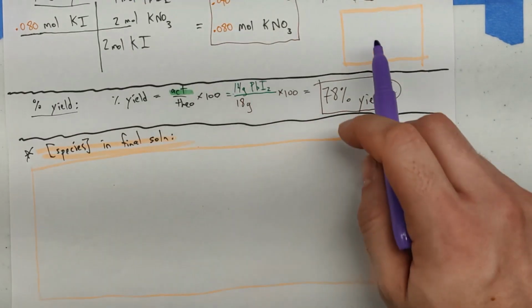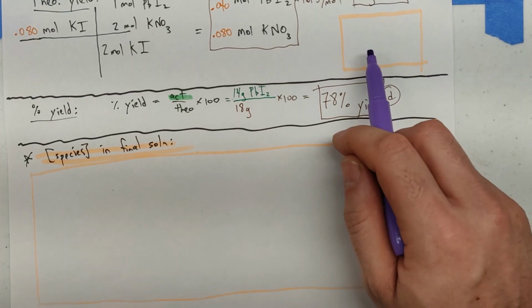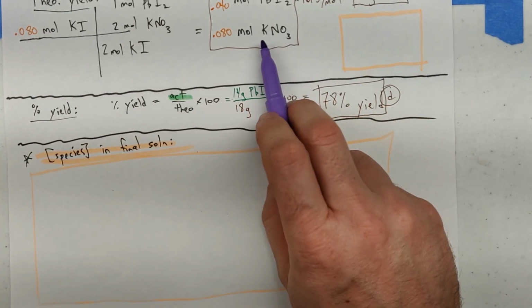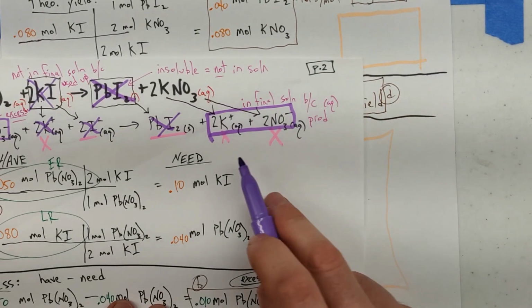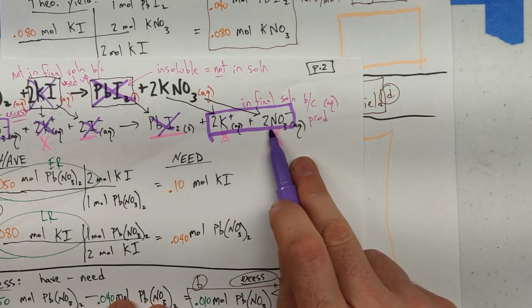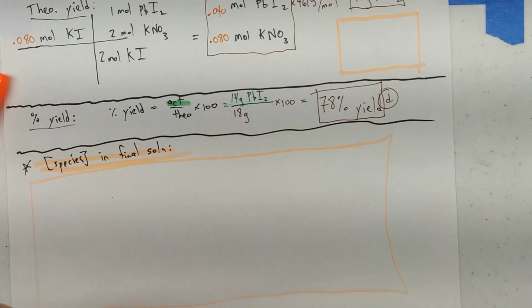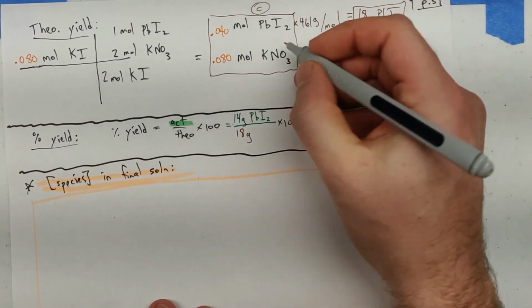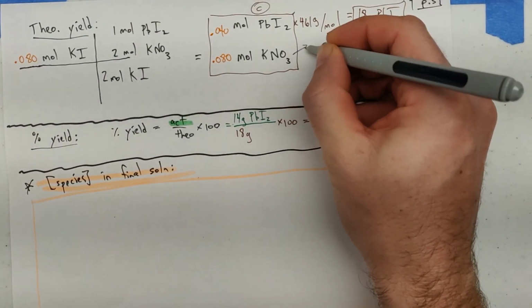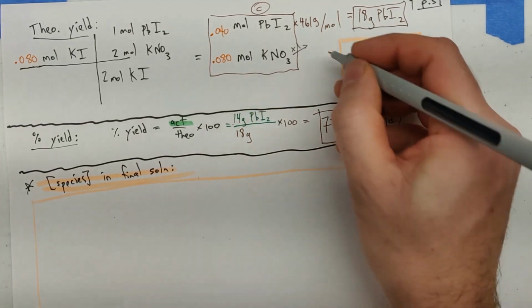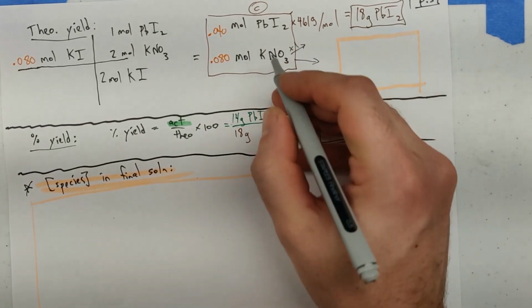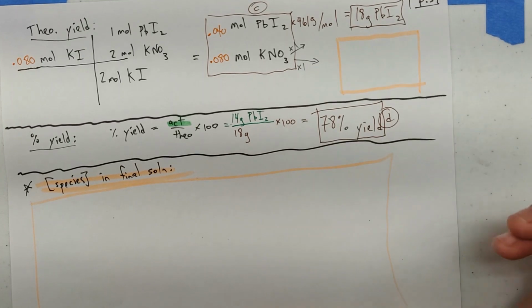And as we look here, we need some new information here. And that new information is based on our aqueous product. We said in our final solution, we're going to have potassium ions and nitrate ions, and they're going to come from that aqueous product. In our dissociation here, for every 1 potassium nitrate, we have 1 potassium, and for every 1 potassium nitrate, we have 1 nitrate.